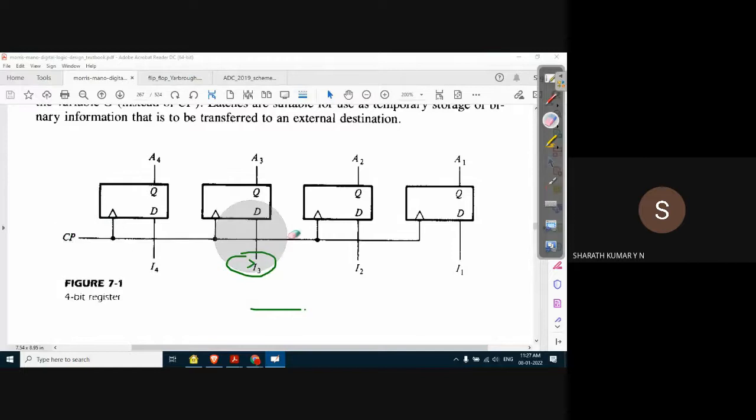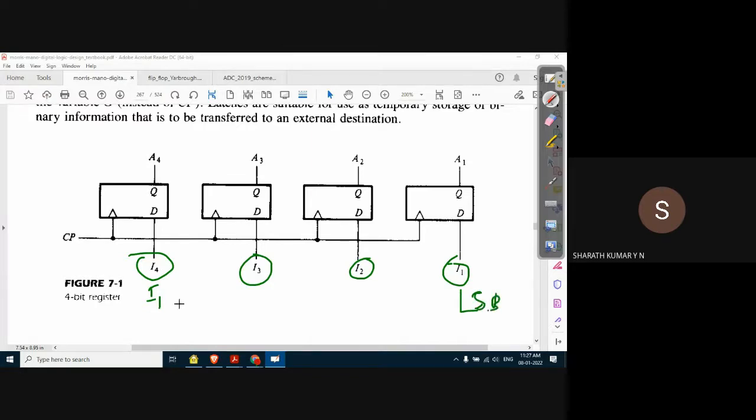The input for the flip flops is given through I1, I2, I3, I4. You can look at the convention. I1 represents the LSB because we are providing 4 bits of data, and I4 represents the MSB.